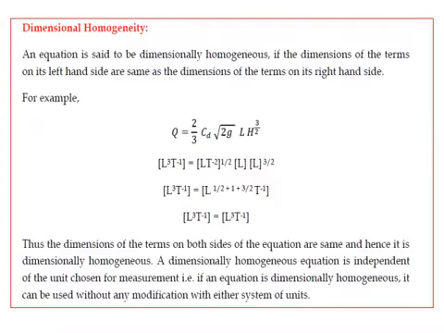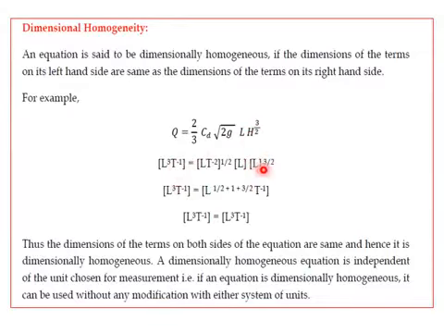Now coming, as I told you earlier, to dimensional homogeneity: an equation is said to be dimensionally homogeneous if the dimensions of the terms on the left hand side are equal to the dimensions of the terms on the right hand side. For example, Q is equal to 2 by 3 C_d root 2g L H to the power of 3 by 2. You know that Q is discharge, which is L cube by T, whereas C_d doesn't have any unit. g is meter per second square, so LT^-2, raised to the power of half, L, and H is again L, which is head, so it is L to the power of 3 by 2.